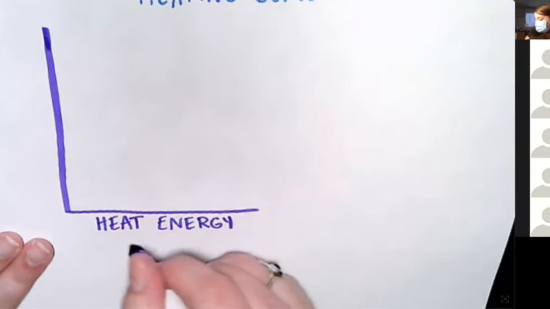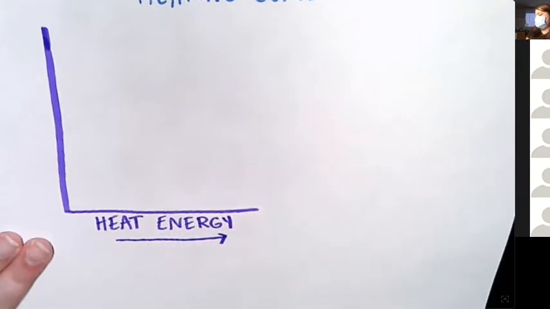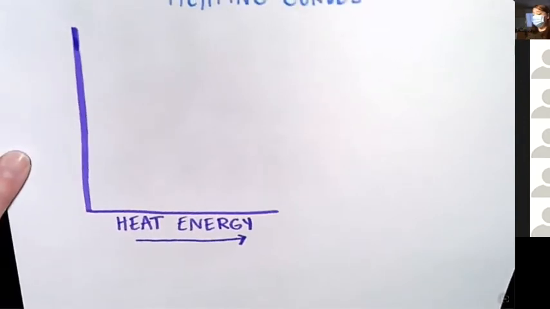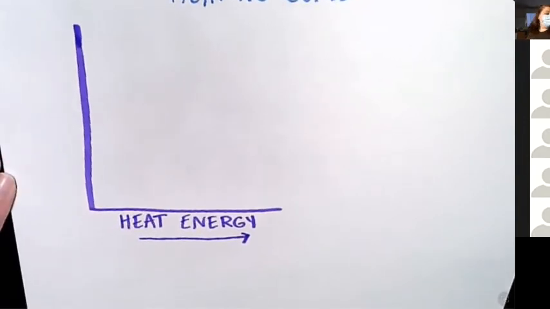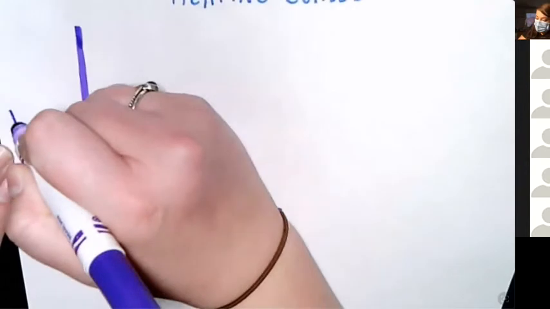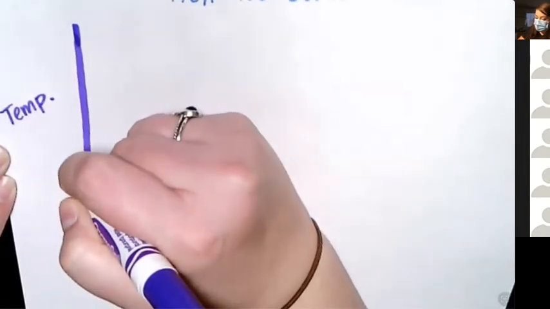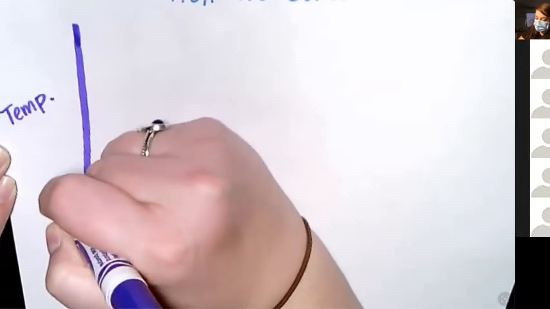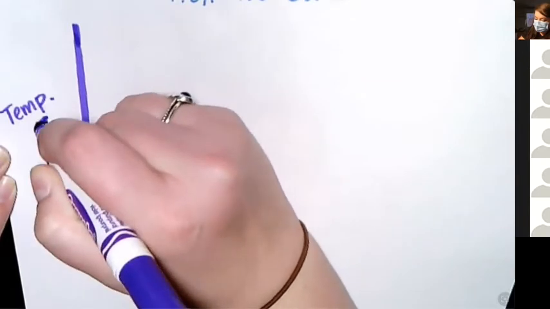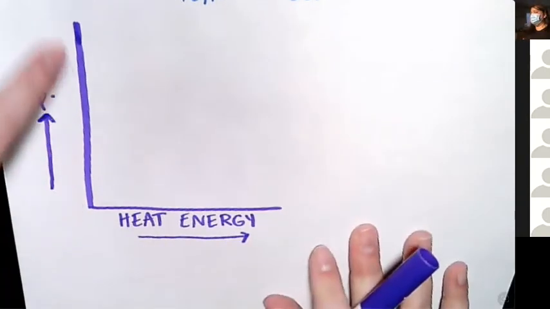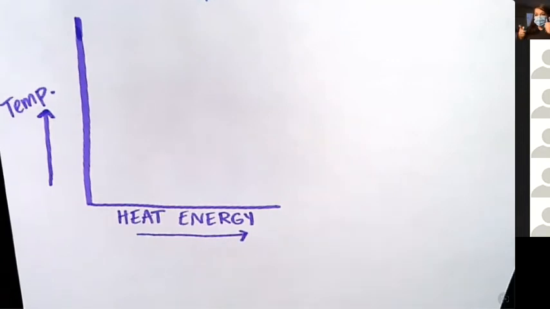And I always like to do an arrow like that. And then this side over here is going to be temperature, and I'm going to draw an arrow that goes up. You guys already know how graphs work, so you know that if we're traveling this way, our value is going to increase.